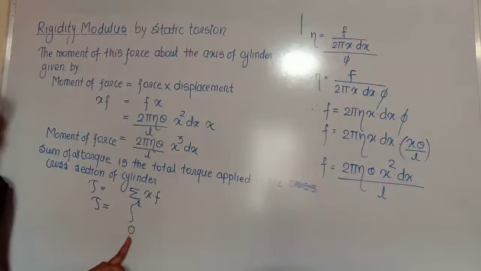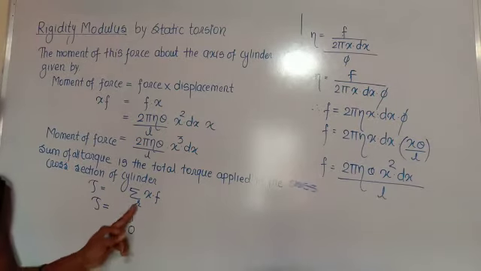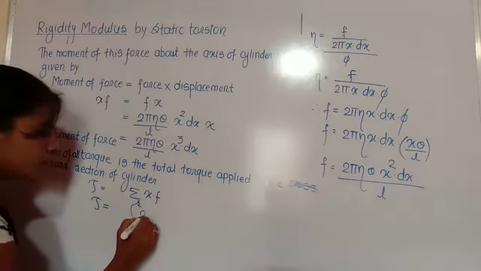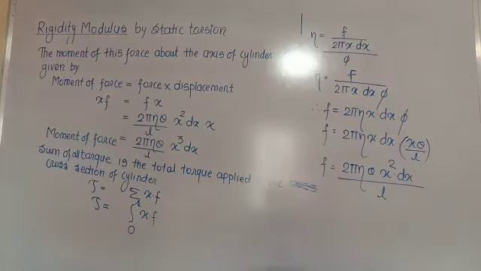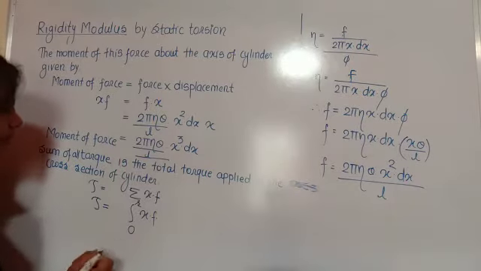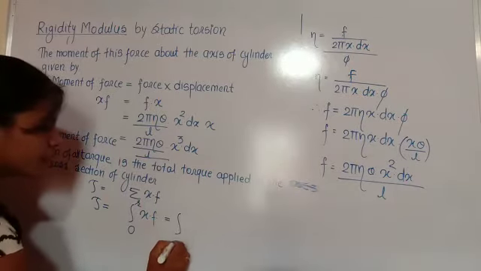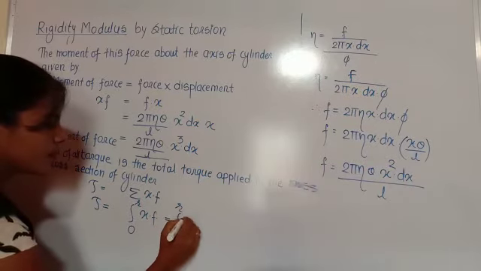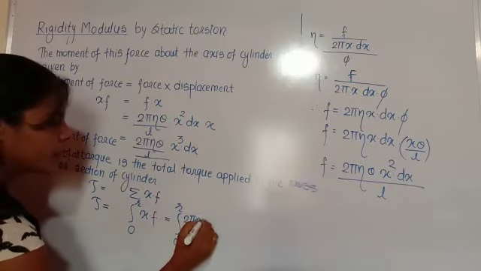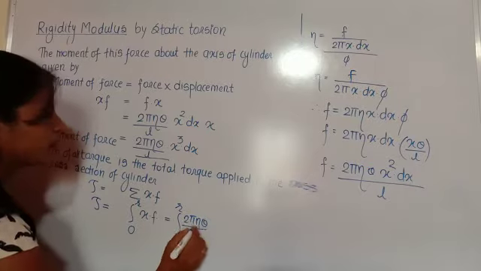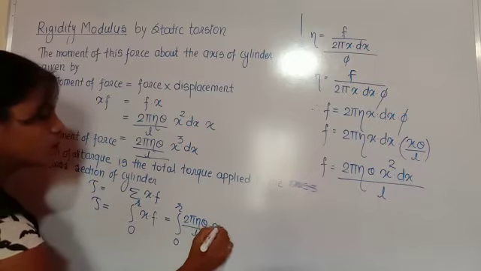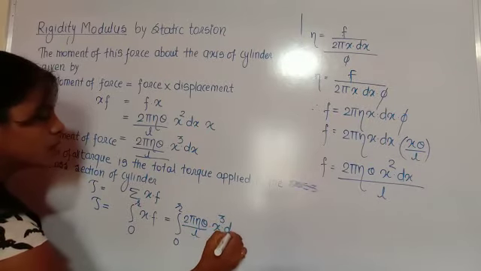So the limits of integration are 0 to R, and x into F is this value. So tau equals the integration from 0 to R of twice pi eta theta divided by L into x cube into dx.